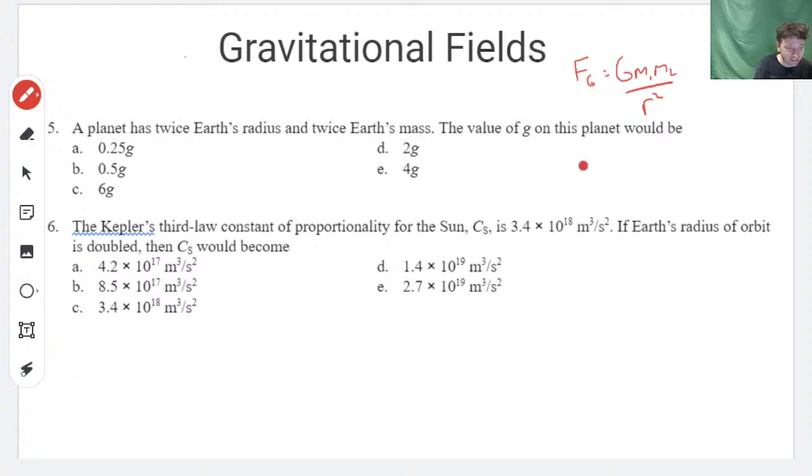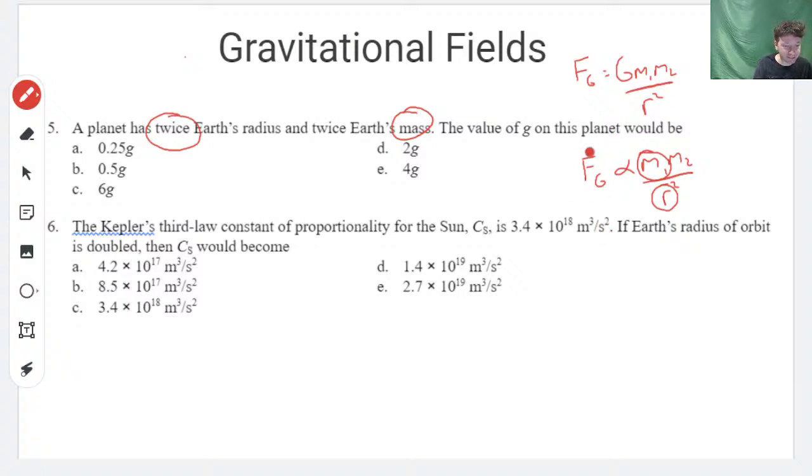Or if you're thinking of it as a proportionality, Fg is proportional to m1 m2 and inversely proportional to r squared. So if you were to double Earth's radius, and then double Earth's mass, whichever one you want to label as Earth's mass, what's the new value of g?